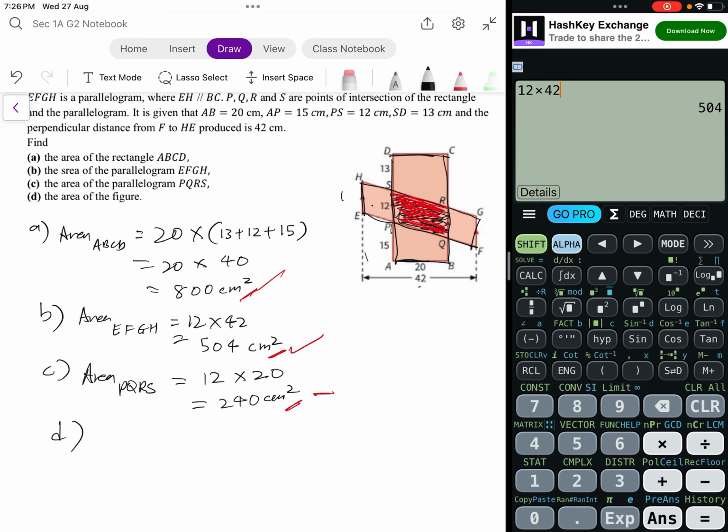So area of figure, 800 plus 504 minus 240. You get 1304 minus 240, which is 1064 cm square.